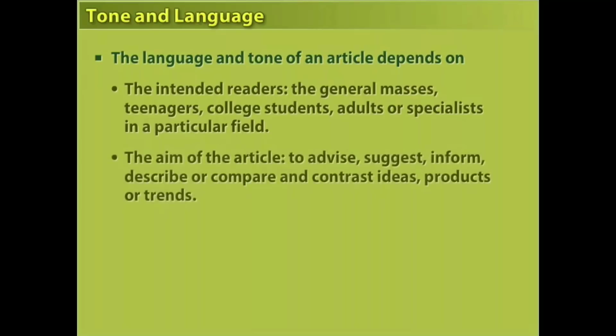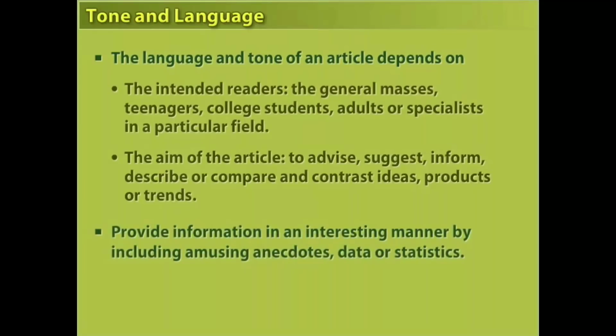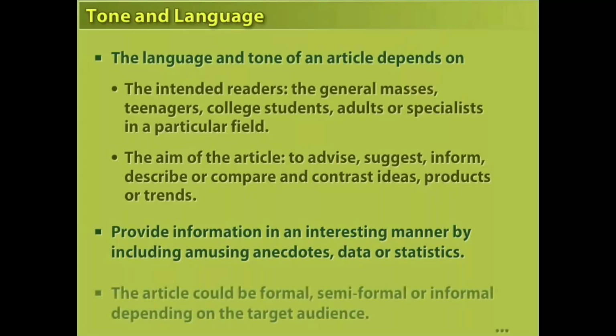The aim of the article: to advise, suggest, inform, describe, or compare and contrast ideas, products, or trends. Provide information in an interesting manner by including amusing anecdotes, data, or statistics. The article could be formal, semi-formal, or informal, depending on the target audience.